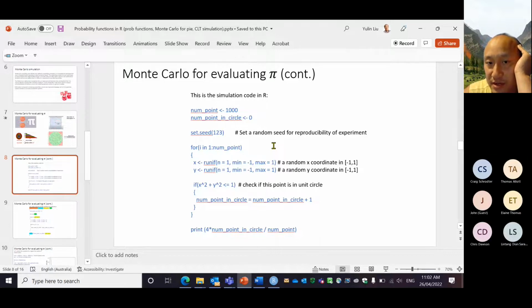But if I set the random seed, the randomization will start from this seed, and every time you run the same code with the same random seed, the results will be the same. If your friends use the same random seed number, the results will also be the same.